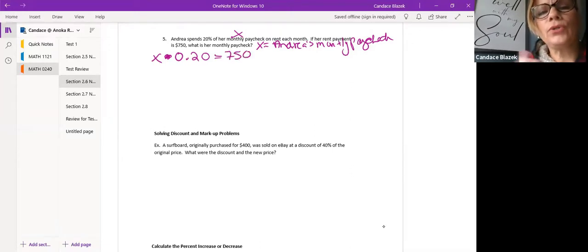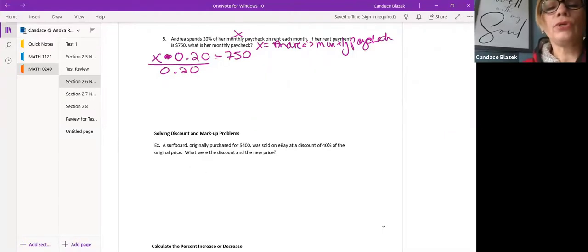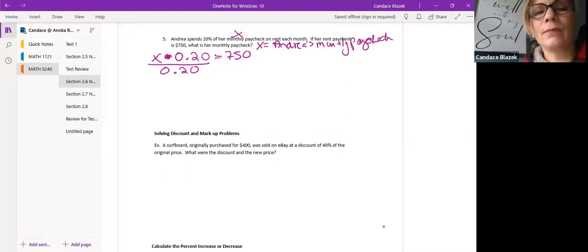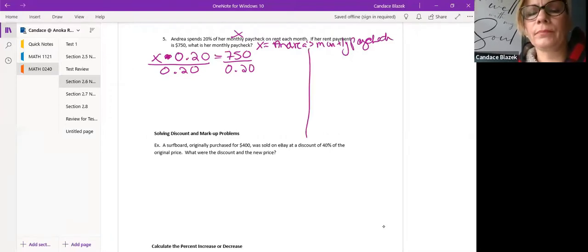Right, so I'm going to have to divide both sides by the decimal form, which is 0.20, 20 hundredths. You can drop the 0 and it's 2/10, but I have to do both sides. All right, so I'm going to take some scratch paper and do some long division.